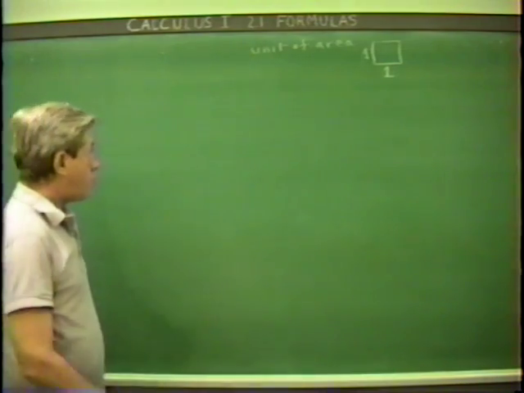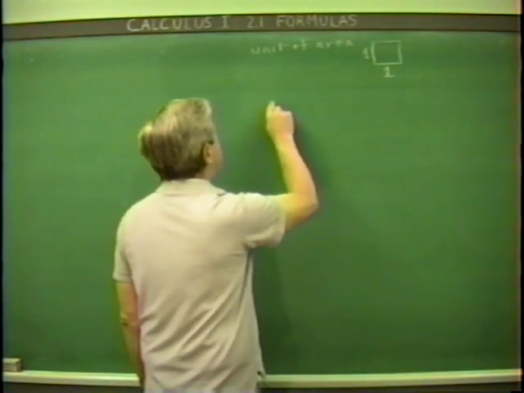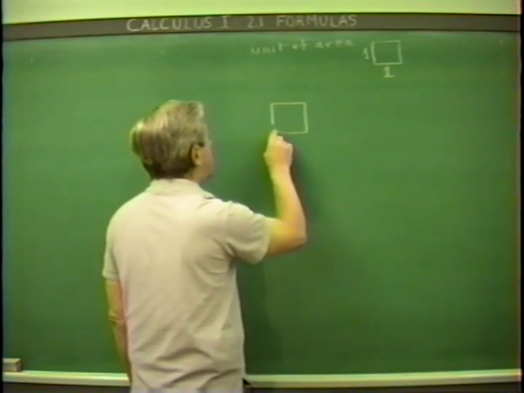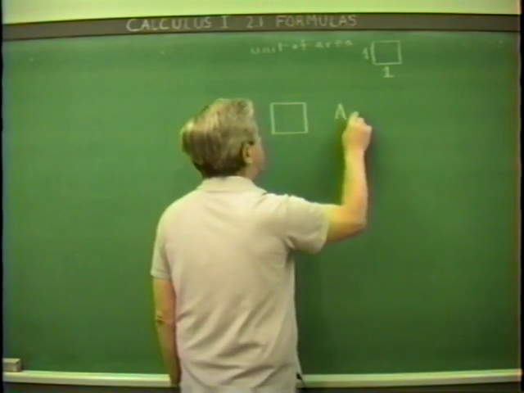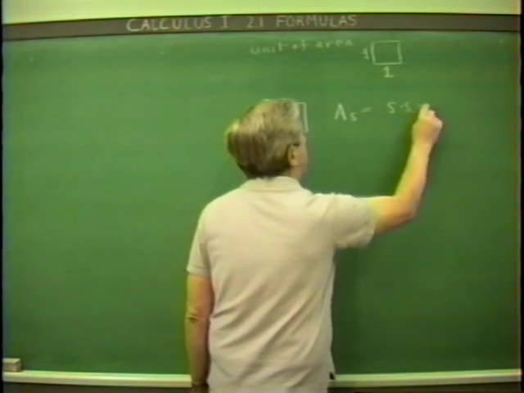Given that, the area of any square is the product of the two sides, or the sides squared.